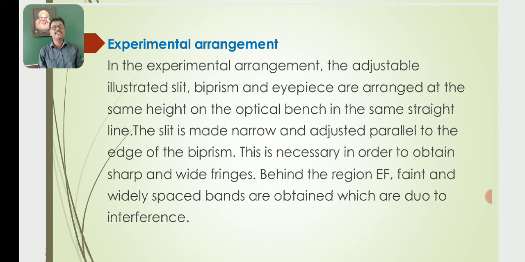So here the illuminated slit is made narrow and adjusted parallel to the edge of the biprism. Then we will get sharp and wide fringes on the screen. Behind the region EF, fine and widely spaced bands are obtained which are due to interference.